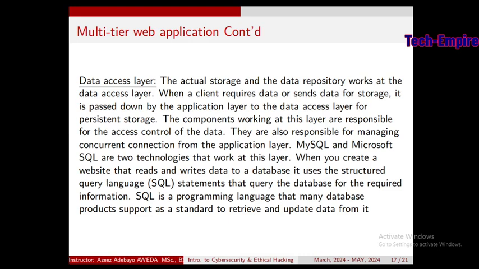So when a client requires data or sends data for storage, it is passed down by the application layer to the data access layer for persistent storage. And what do you mean by persistent storage? I've input my name, my email, and my password for Facebook.